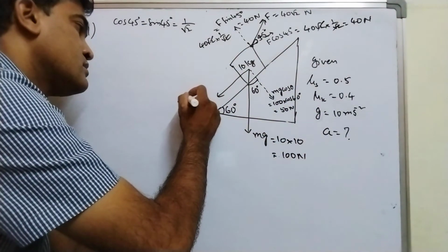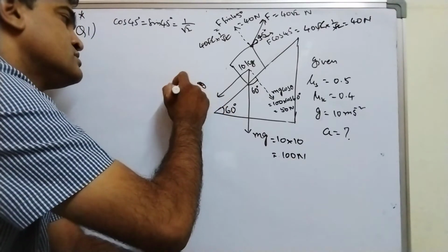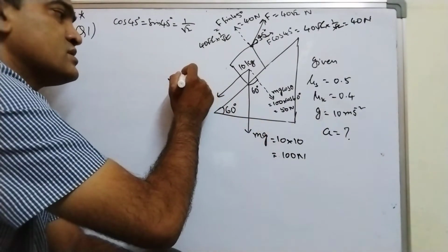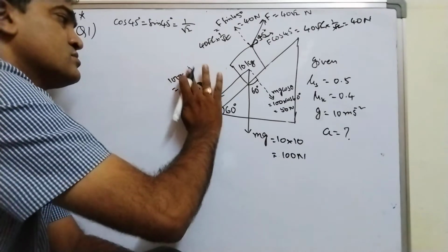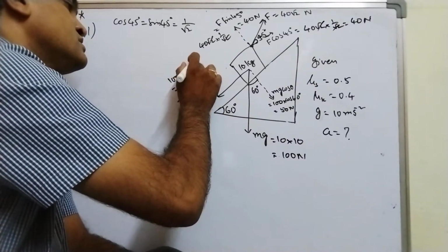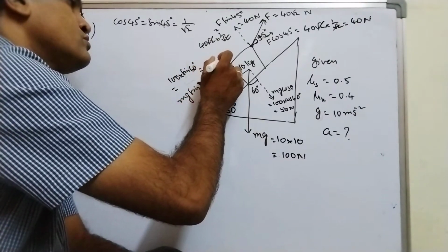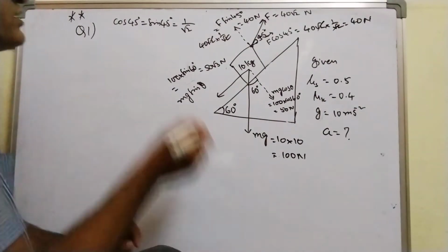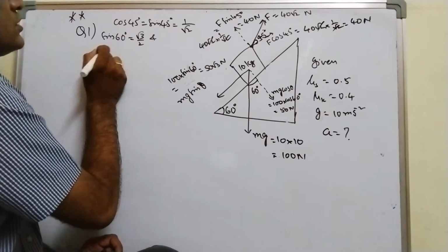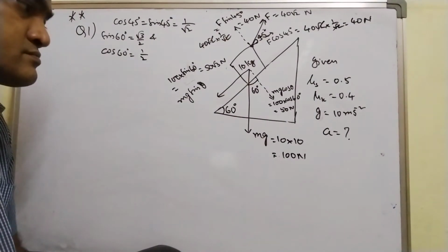What about this component? mg sin theta is equal to 100 into sin 60 degrees, which is equal to 50 root 3 Newton, because sin 60 degrees is root 3 upon 2, and cos 60 degrees is equal to 1 by 2.